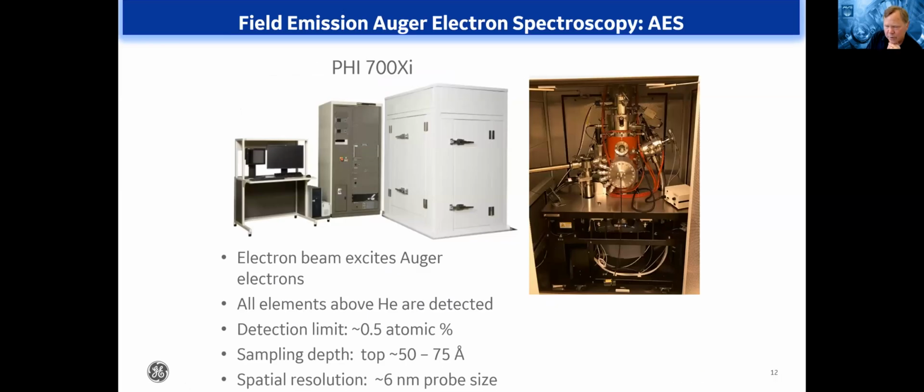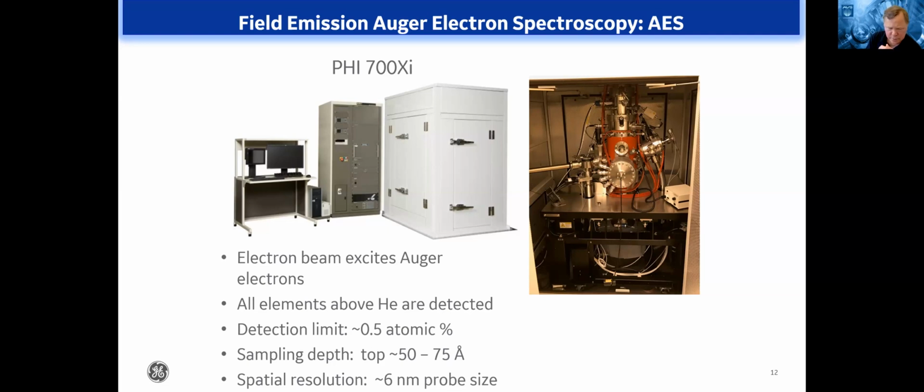So I want to start by talking about a few examples of Auger Electron Spectroscopy. We show photos of the Phi 700XI instrument that we have in-house. For Auger, an electron beam excites the Auger surface electrons, which are ejected and detected. All elements heavier than helium are detected.